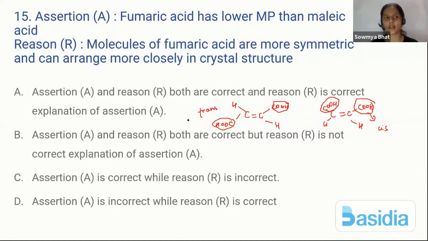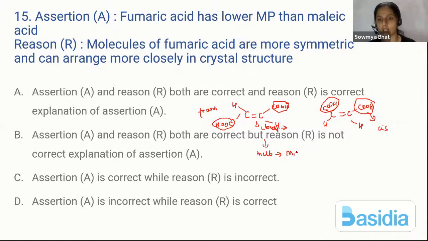So when you say cis and the trans, what happens is here, because of its geometry, because of the symmetry, this is going to arrange very closely. The packing is very efficient. When the packing is efficient, you need more energy to convert it, both of them are white solids, you have to remember that. If you have to melt them, you have to supply more heat.